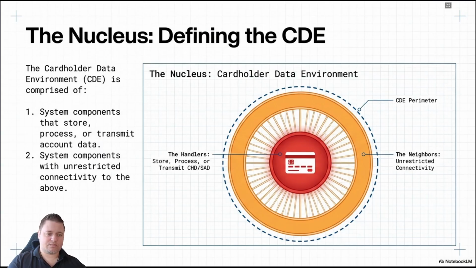The handlers store, process, or transmit cardholder data or sensitive authentication data. The CDE perimeter, the neighborhood, restricted connectivity or unrestricted connectivity, meaning within the perimeter, the yellow is all in scope, basically. So anything that touches credit card data or sensitive authentication data of a credit card or debit card is going to be within scope, either software, physical, or virtual.